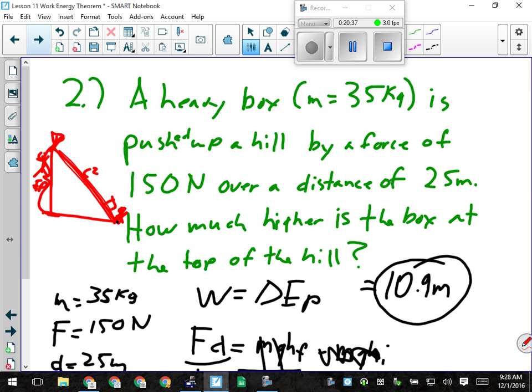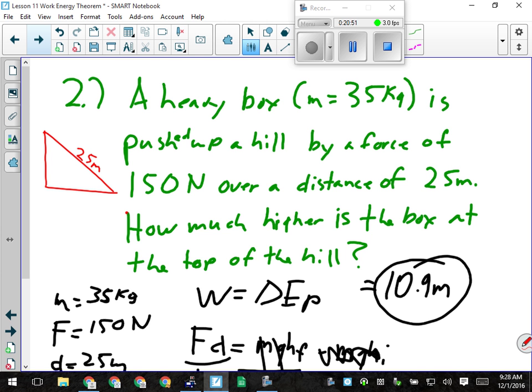Just redraw that picture so it makes more sense. So this part of the ramp or the hill is 25 meters long. What we're looking for is how much higher is it at the top of the ramp?